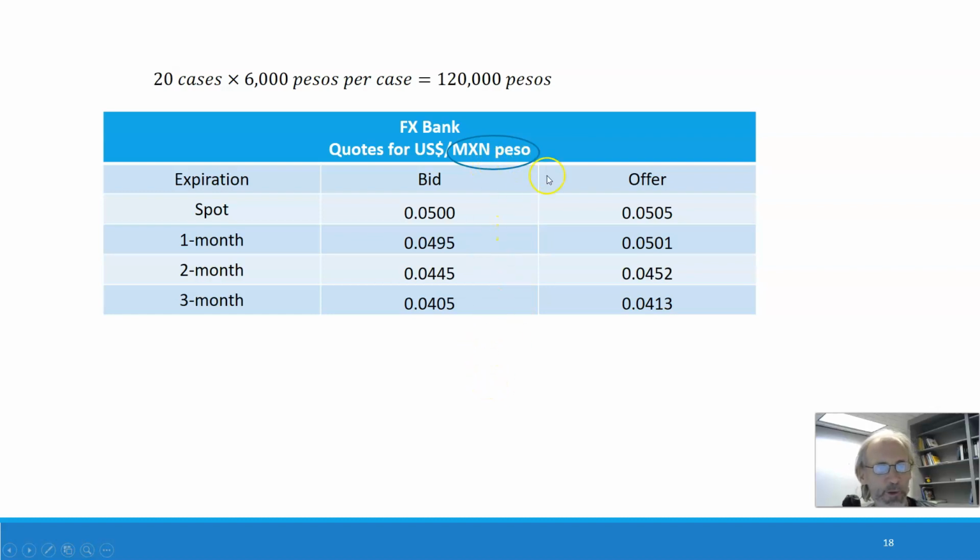In this case, you're either buying pesos or selling pesos, so these quotes are in dollars per peso. If you're selling pesos to get US dollars, you get the bid. If you're bringing US dollars to the transaction and buying pesos, you get the offer.